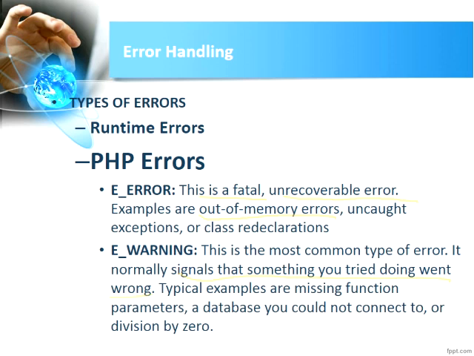Typical examples are missing function parameters, a database you could not connect to, or dividing by zero. So dividing by zero is an E_WARNING runtime error. Any questions?